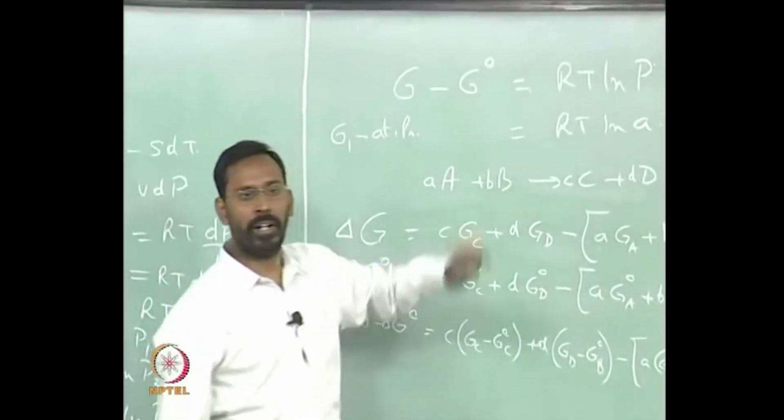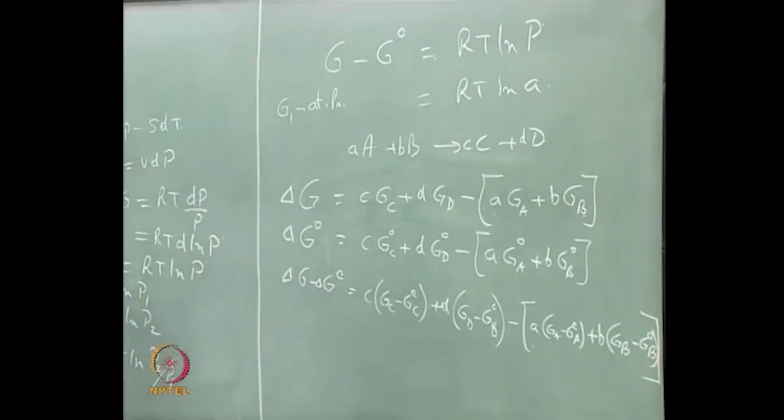We already know that G minus G naught is RT ln a.